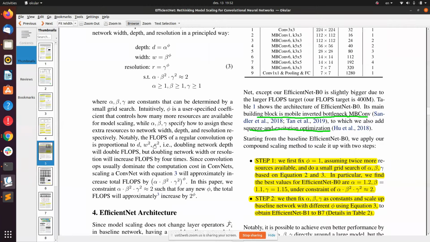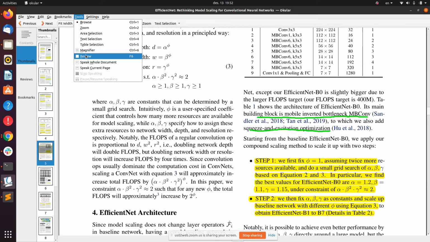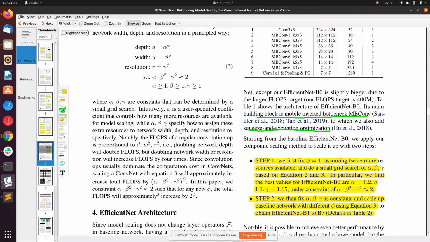They mention that doubling the network depth will double the FLOPs, but doubling the network width and resolution will increase the FLOPs by 4 times. So that is the reason they made it alpha for depth, beta squared for width, and gamma squared for resolution. So I think that is the point that you wanted to mention.